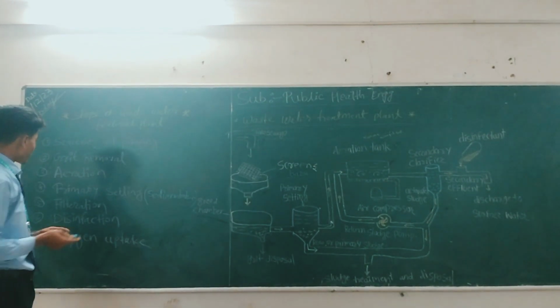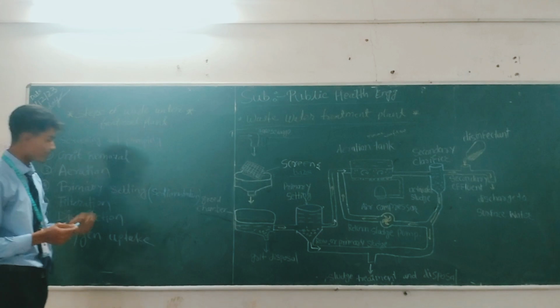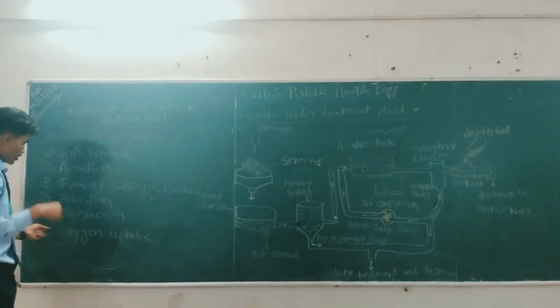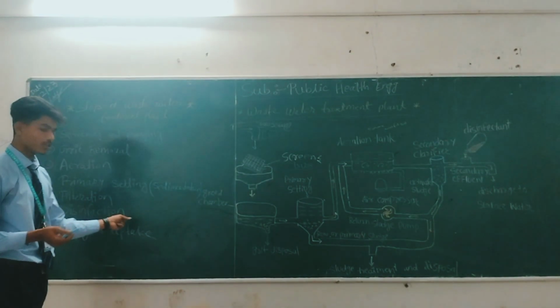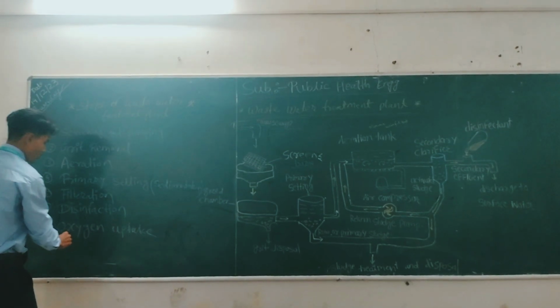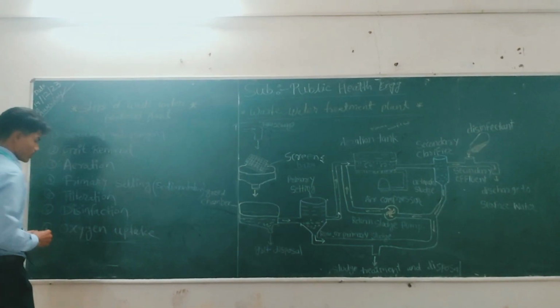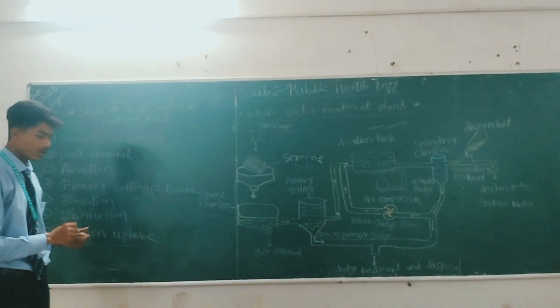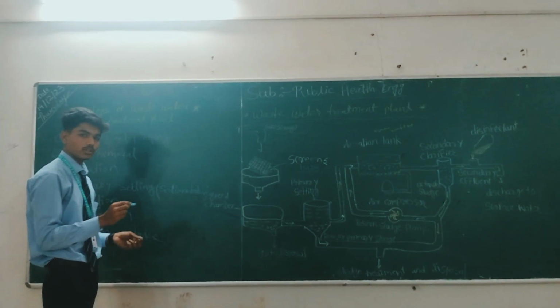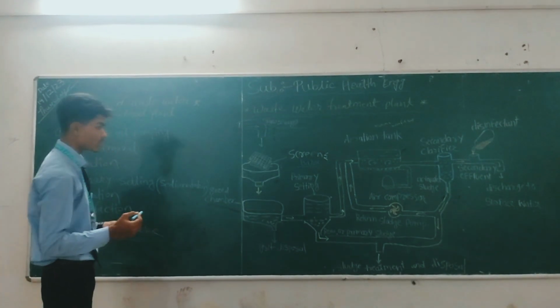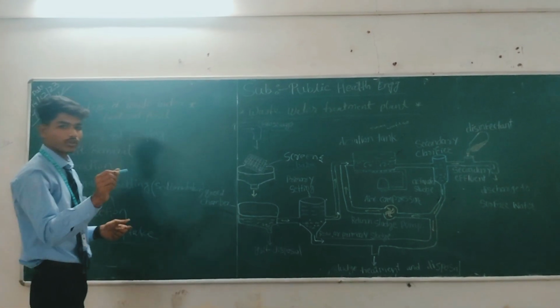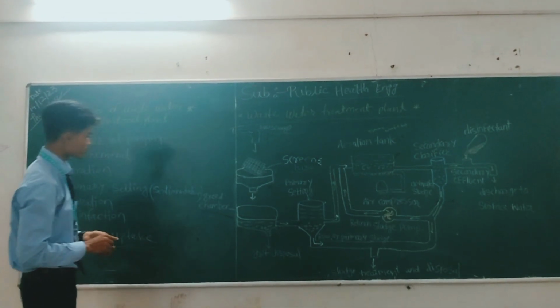And then next is the filtration of the wastewater, and the sixth is disinfection, and then oxygen uptake in the wastewater, and last, release this water to a river, soil, anywhere.